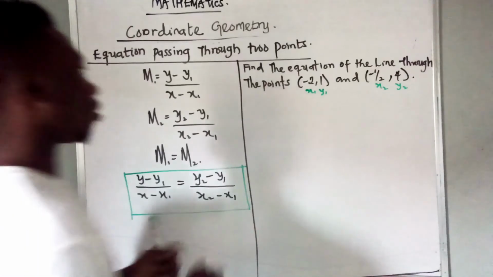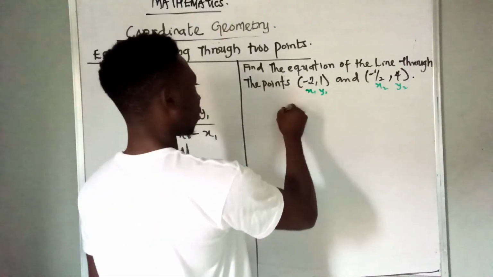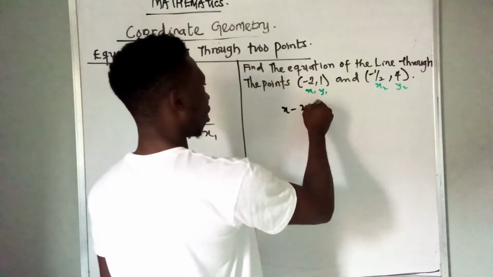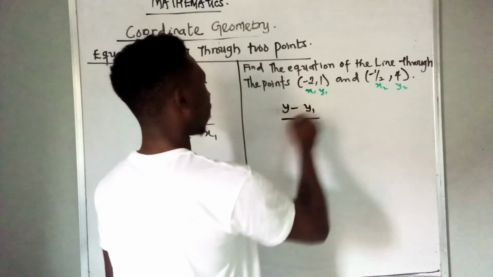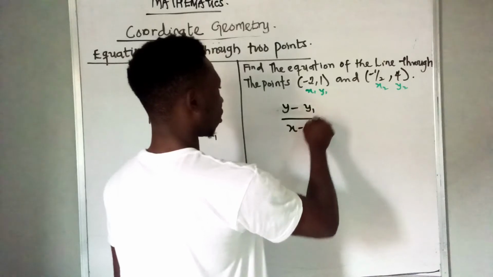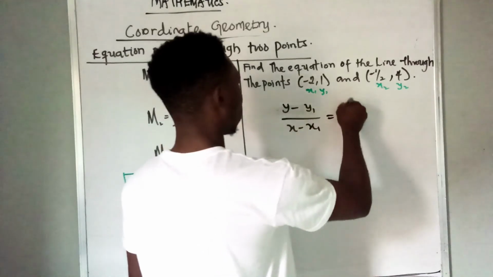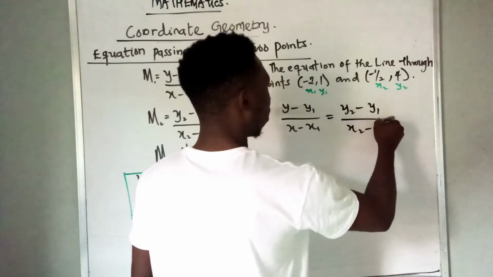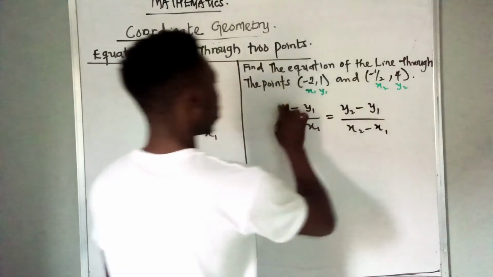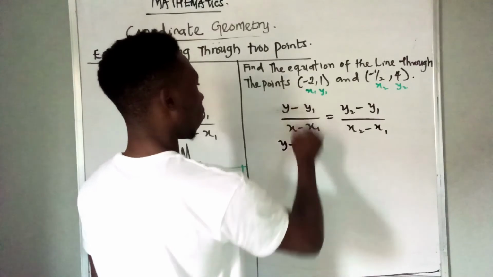So finding the equation here, this becomes y minus y1 over x minus x1 is equal to y2 minus y1 over x2 minus x1. So y minus, what is our y1?